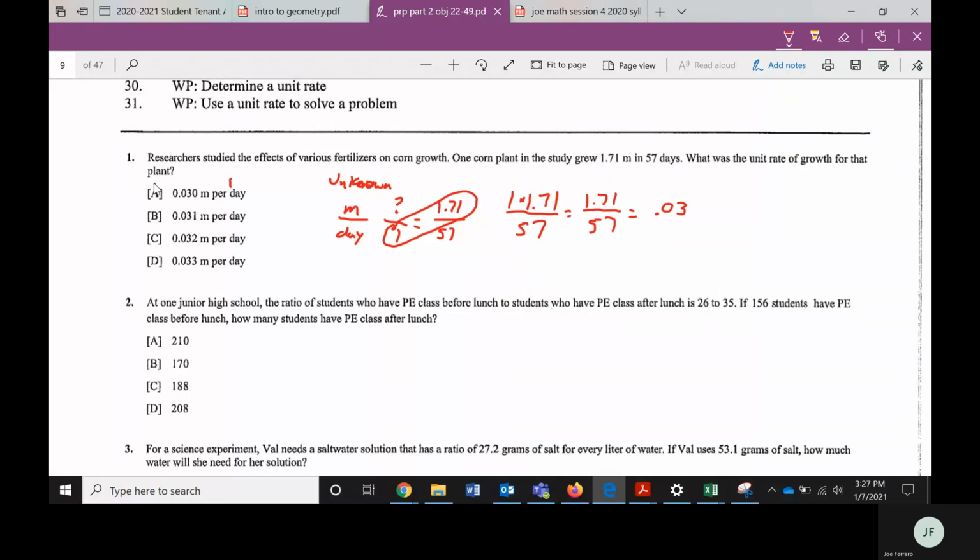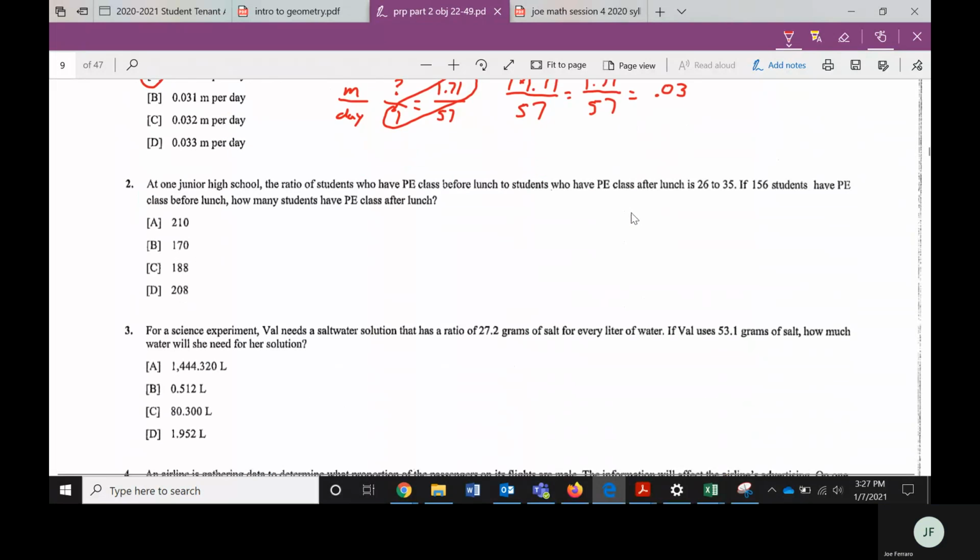Okay, letter A. Now, some of you might be able to look at this and just understand the process and say, well, it's 1.71 meters in 57 days, so I would just divide that. If that makes sense to you, that's fine, but it's not always that simple. So I wanted to show you a way to use a proportion to solve that problem. So that's number one.